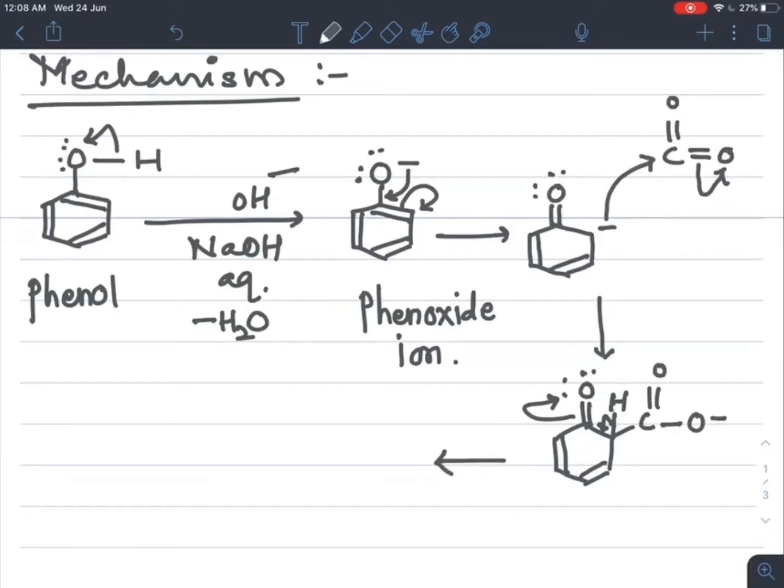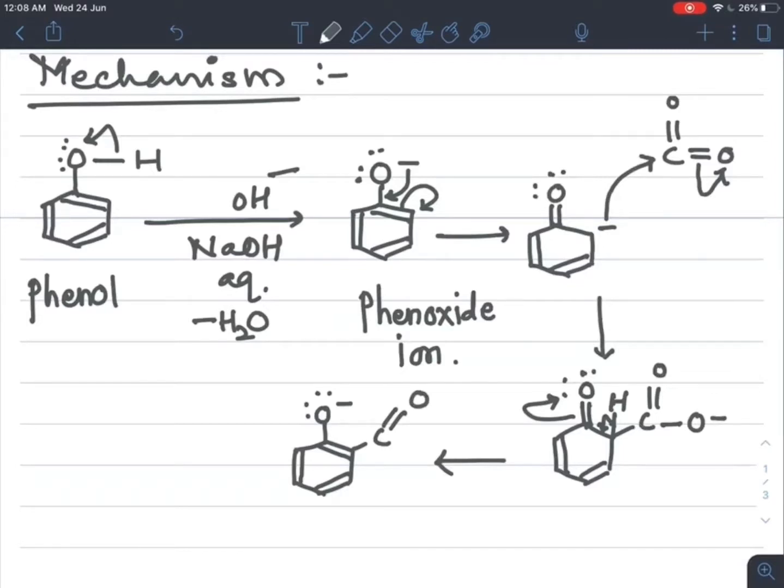So here we get this oxygen singly bonded with two lone pairs, carrying a negative charge. Now the aromaticity of this benzene ring is retained, and at this position there is C double bond O.